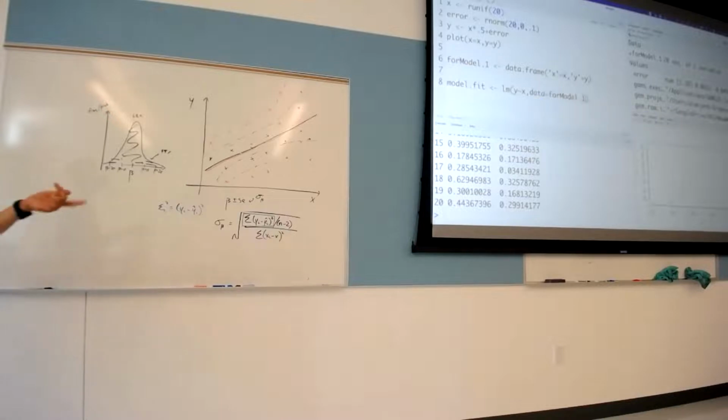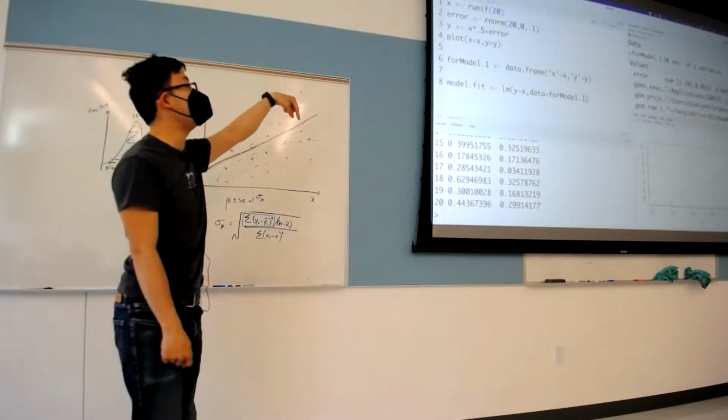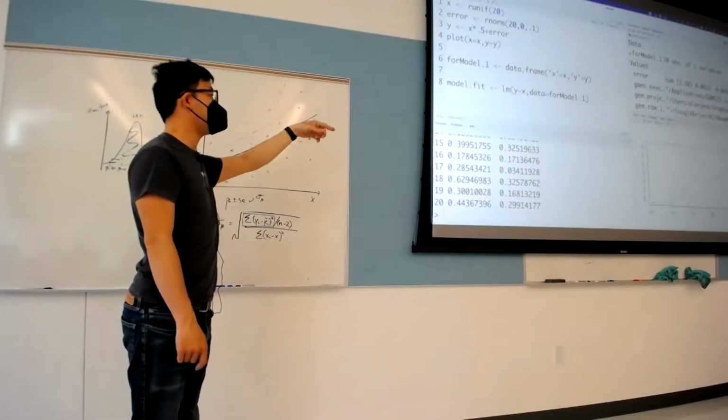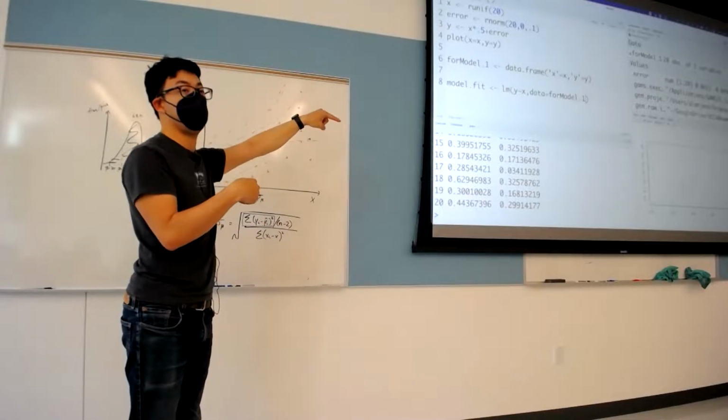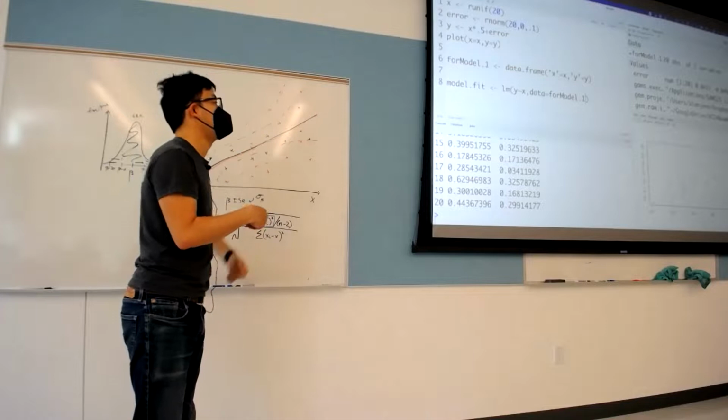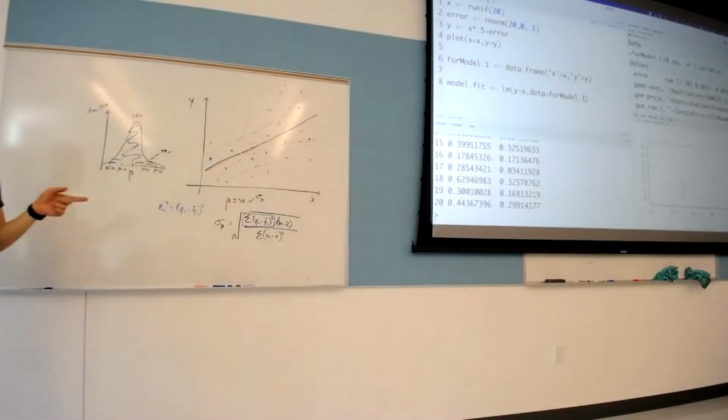You can feed in direct vectors of the y and x's, but here I'm showing that you can call in column names from a data frame in the lm function. Okay, so I'm going to run this.